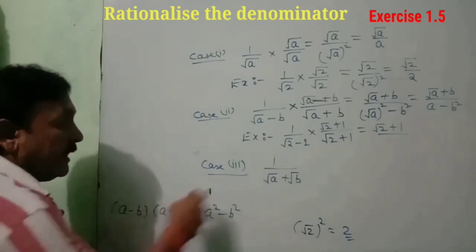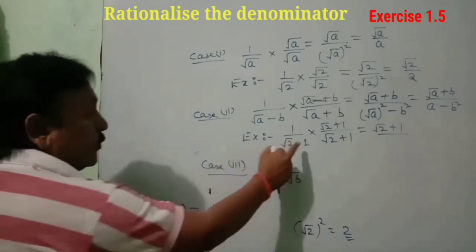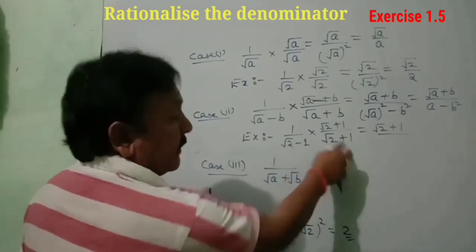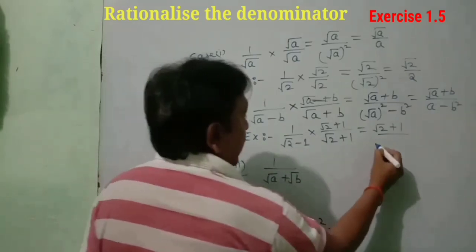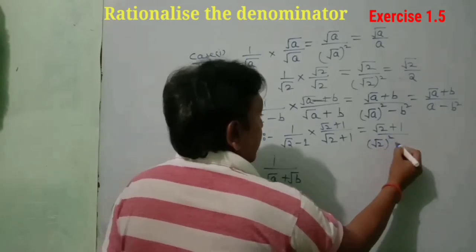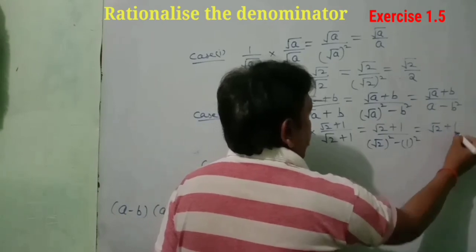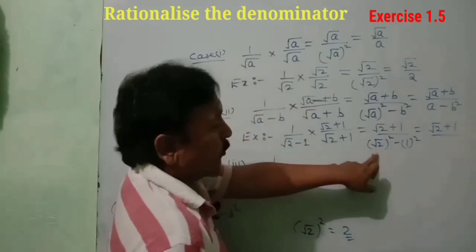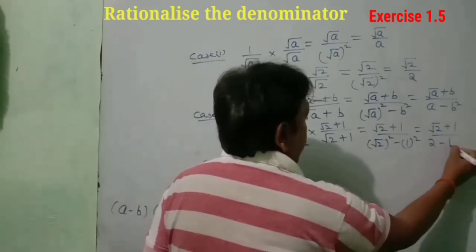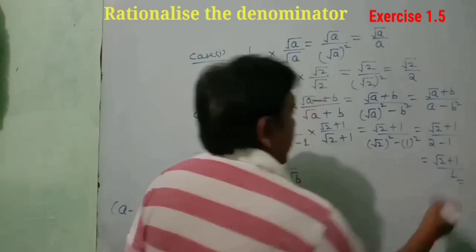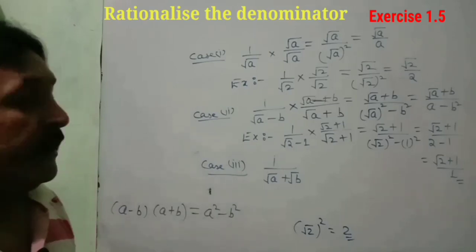In place of a, it is root 2, in place of b, it is root 1. Having different signs means a minus b, a plus b, and we get a square minus b square. So what will become? Root 2 plus 1 upon root 2 square, which means 2 minus 1. So it becomes root 2 plus 1 upon 1, and in this way we have rationalized our denominator.